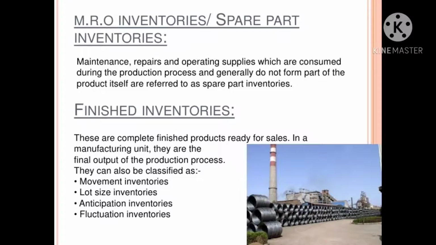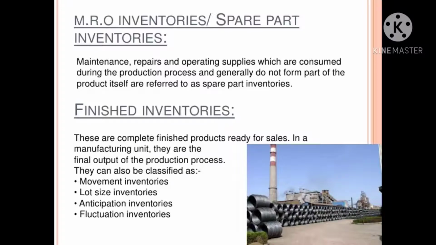Next is the MRO inventories or the spare part inventories. These are the maintenance, repairs, and operating supplies which are consumed during the production process and generally do not form part of the product itself, and are referred to as spare part inventories.